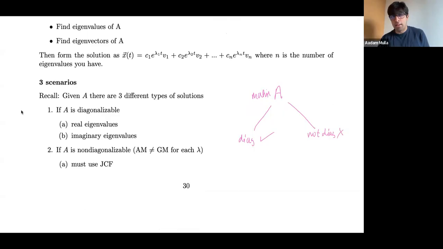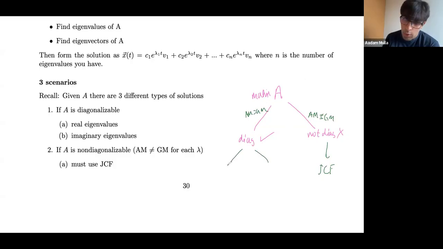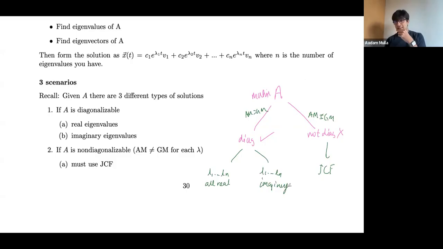If it's not diagonalizable, then we know we're going into Jordan canonical form, and we know it's not diagonalizable because AM is not equal to GM for all the eigenvalues. If AM does equal GM and we're diagonalizable, we have two subcases: either real eigenvalues, lambda 1 through lambda n all real, or lambda 1 through lambda n could be imaginary as well, complex numbers. So we need to deal with each of these cases separately.